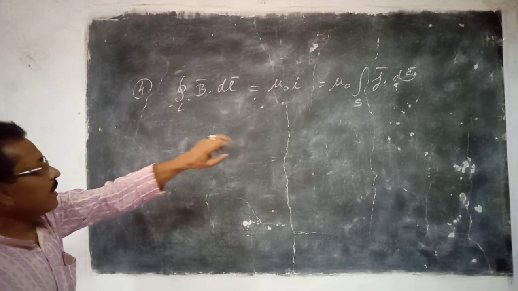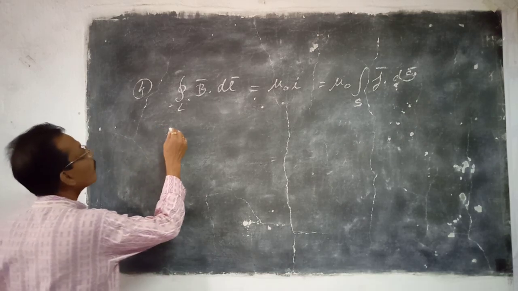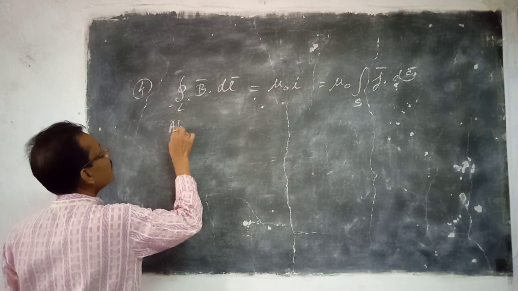Now that side is a surface integral, the left hand side is a closed line integral. Again we apply the Stokes theorem.